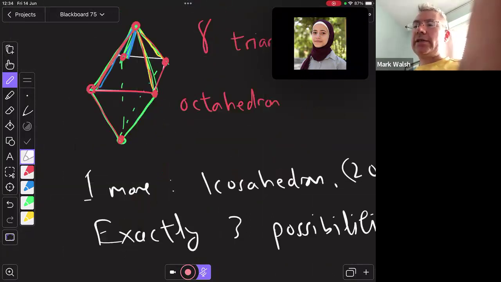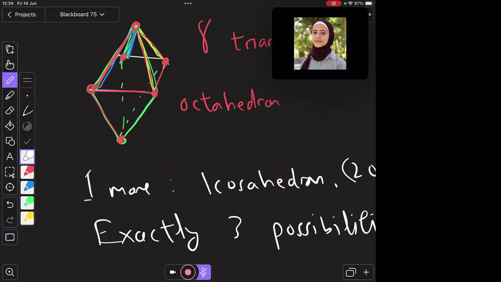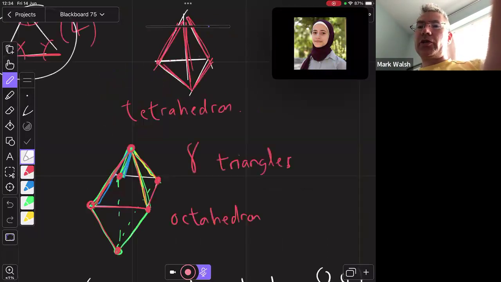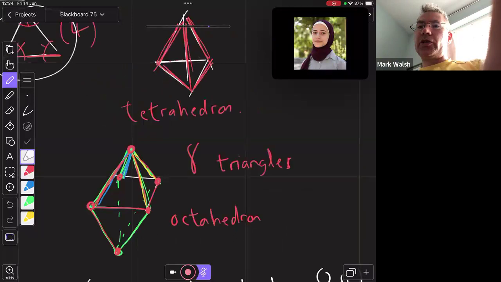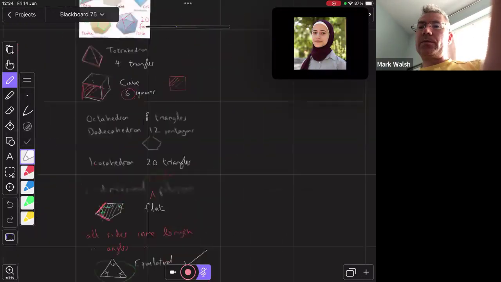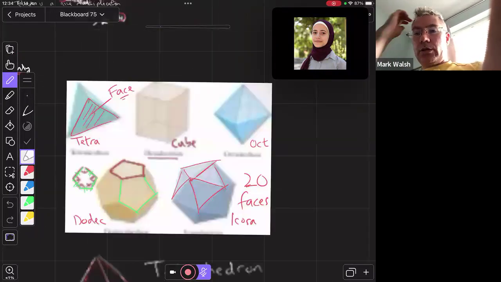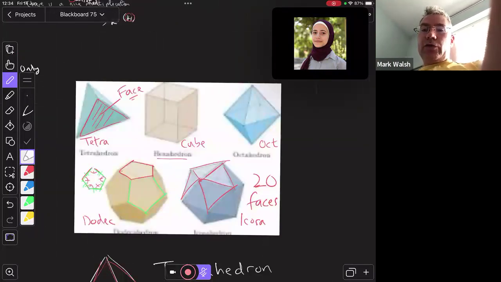Okay, I'm going to stop for a second. Is this making sense? Yeah, it's all clear. Okay. Let me go back up to the picture at the very, very start. I said there was something special about these shapes. So we see we've dealt with 4 of them now. There's the cube.